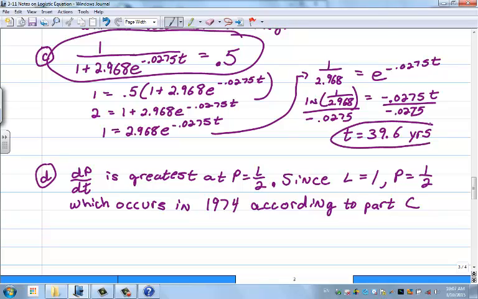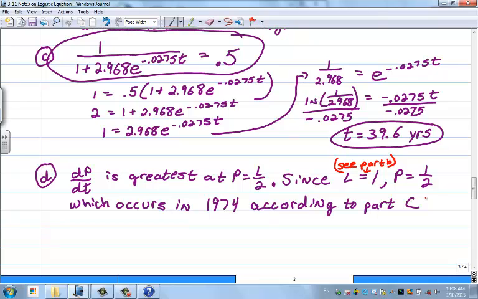So since L was equal to 1, and you found that up there in part B, then P would be equal to 1/2.